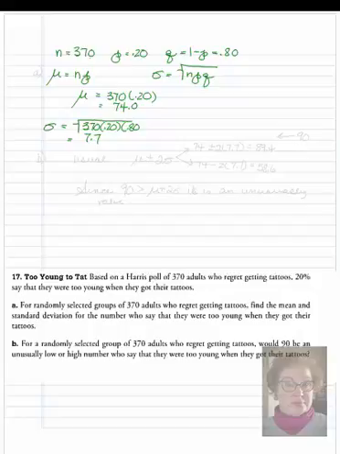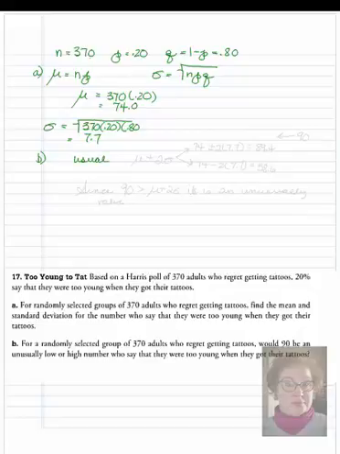So now, this is A. B. For a randomly selected group of 370 adults who regret getting tattoos, would 90 be an unusually low or high number who say that they were too young when they got their tattoos? Let's look at our usual range.